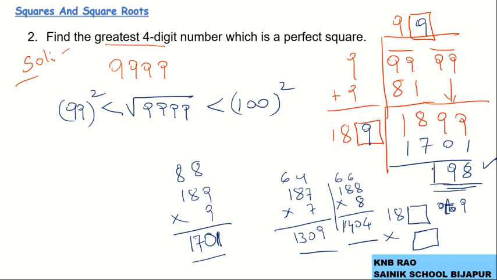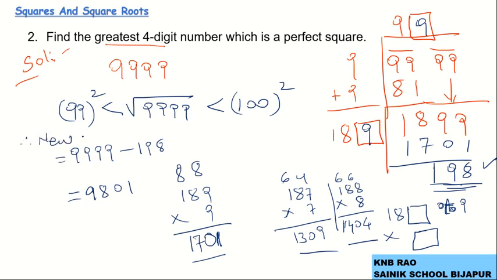So 9999 minus 198 is 9801, which is a perfect square.